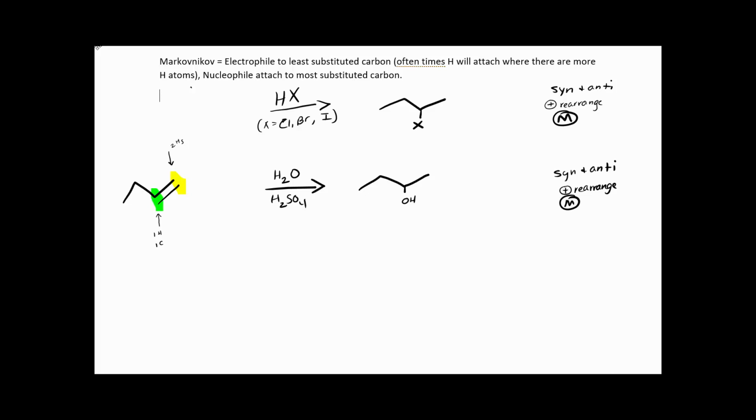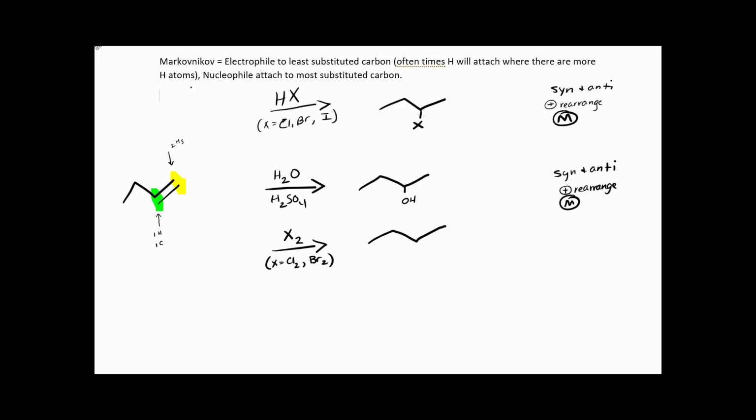Then we have halogenation. Halogenation is where we have a diatomic halogen. So we have elemental halogen. Now in this case, the halogen will be chlorine or it will be bromine. When we have this, what we end up forming is called the vicinal dihalide.